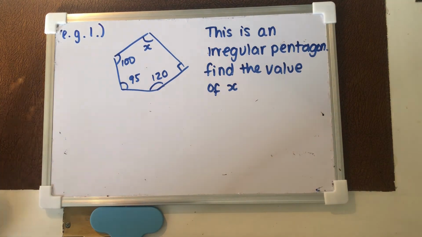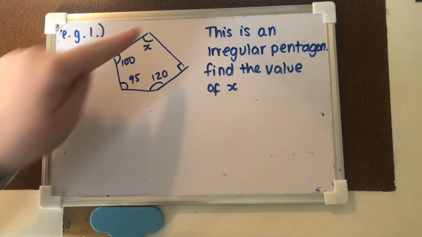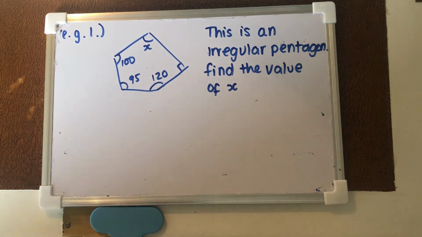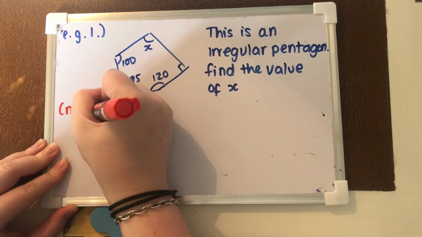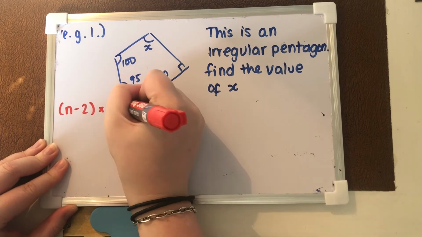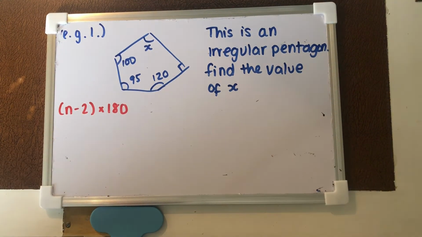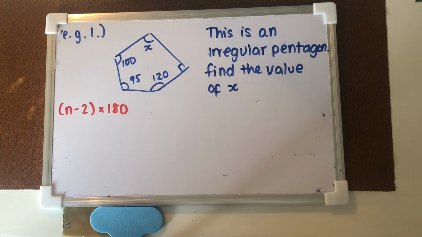So first thing we need to do is actually work out what all these angles are going to add up to. Because it's not a four-sided shape, it's not going to be 360. So this is where we use this rule here. n take away 2 times by 180. Remember what n means. n means the number of sides.